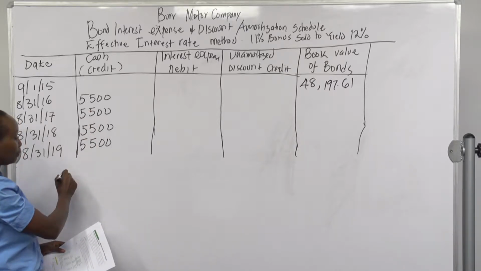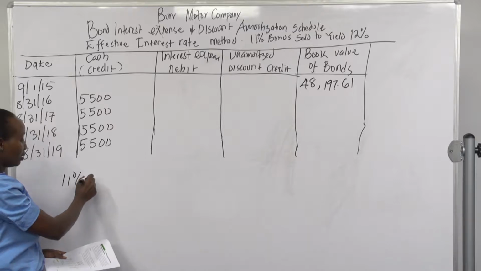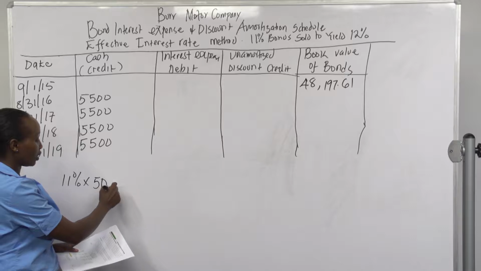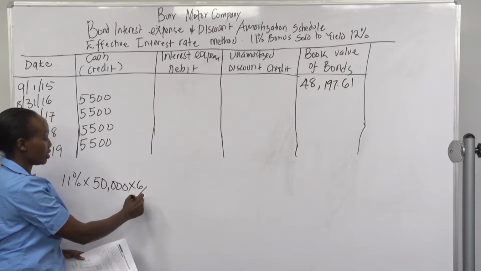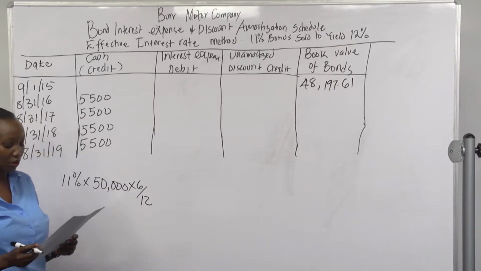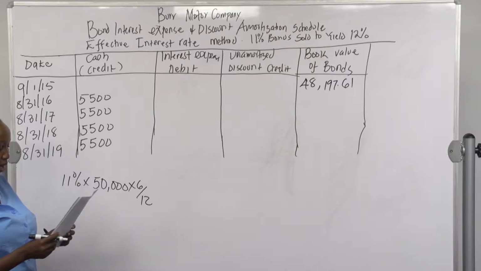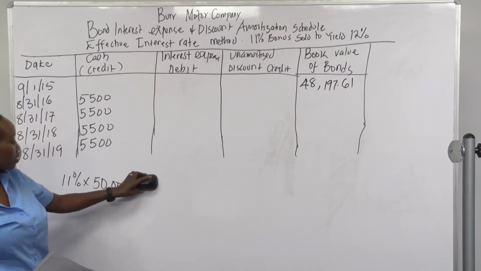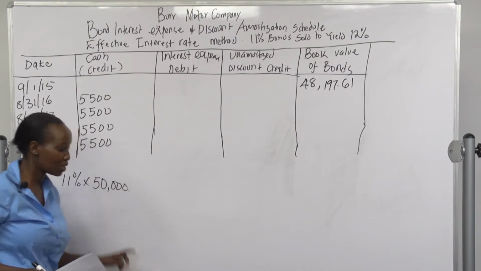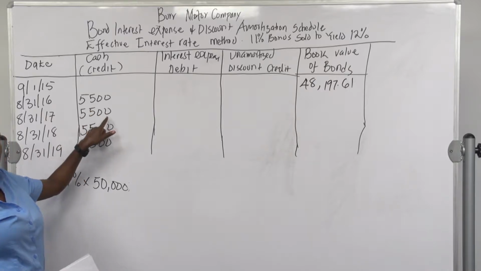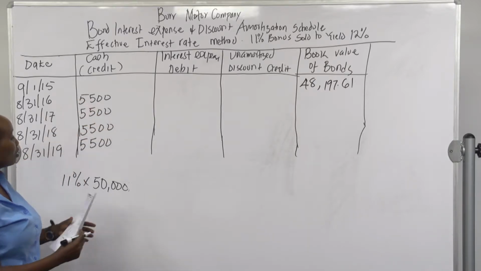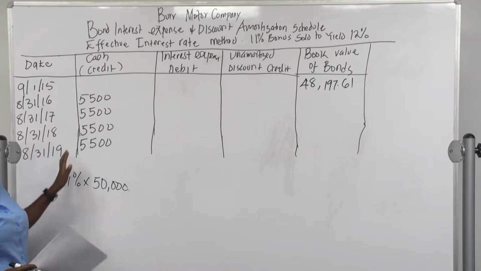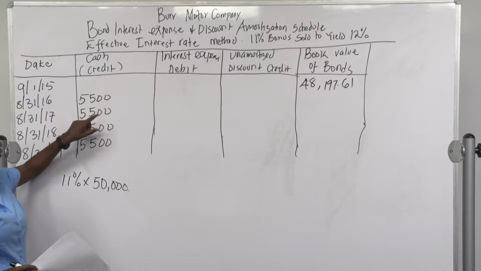So this will be the 11% times the bond face value, 50,000. Since it's twice a year, it's times 6/12. Actually, this is a yearly bond, so we don't do 6 months. So it's 50,000 times 11%. That's how we're getting the 5,500. So every August 31st, we're going to pay out 5,500.